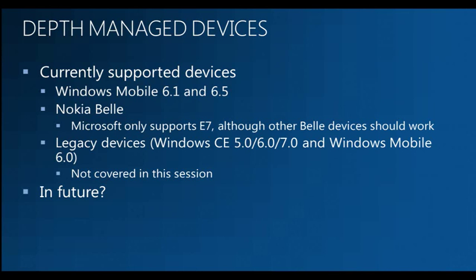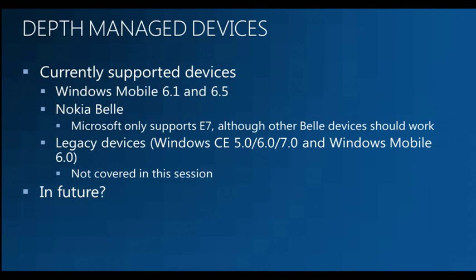There are legacy devices older than Windows Mobile 6.1, Microsoft originated mobile OSs, and for those devices you could install the legacy client, which is the same as what was with Config Manager 2007.